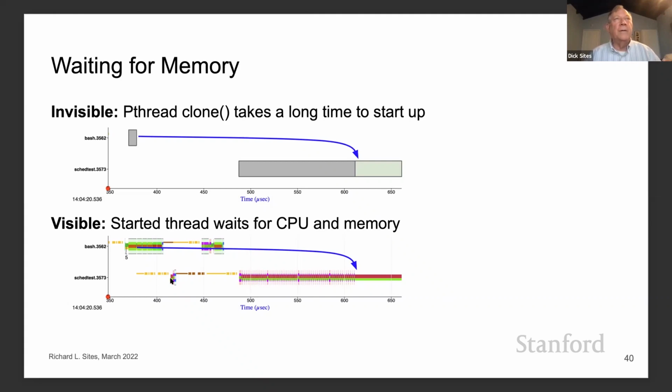This child that we're looking at starts running here, immediately takes a page fault because the parent, in cloning a child, makes a copy of its page tables, marking all the shared pages read-only, and then depends on copy on write to make new copies of the pages that the children actually touch.